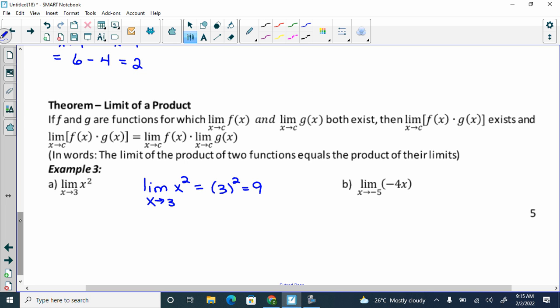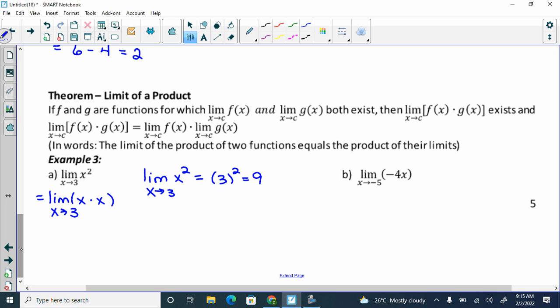So x squared is actually the same as x times x. So I could have rewritten it as the limit as x approaches 3 of x times the limit as x approaches 3 of x, which is 3 times 3, which is 9. And you do not have to separate them. But the reason you don't have to is because this is a product. If you do separate them, it doesn't change it.